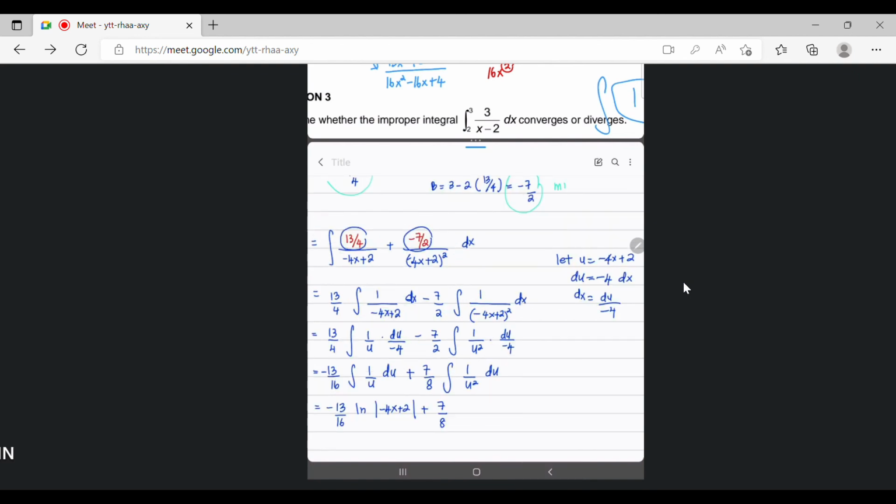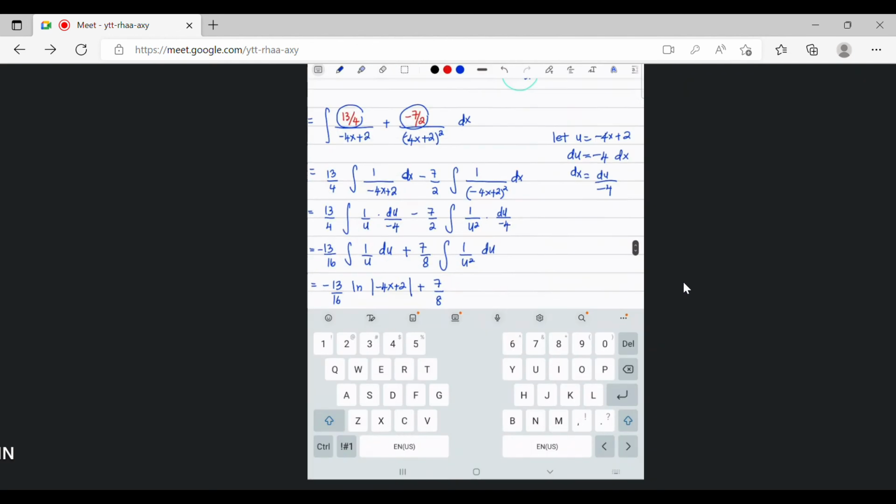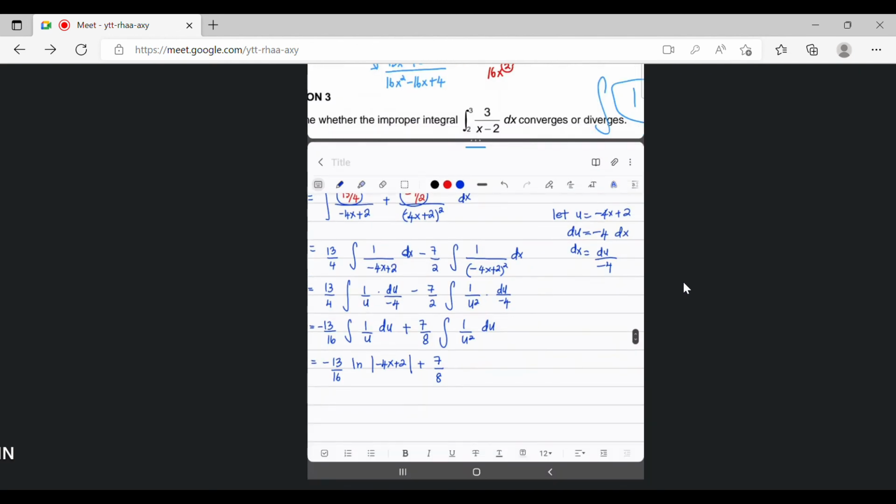Okay. Saya tengok perasaan hari tu waktu test, tak tahu lah kelas yang lain macam mana kan. Tapi yang ni yang common mistake lah korang buat. Bila dah nampak, oh yang the first one ni jadi ln, so second ni pun jadi ln. Tak. 1 over u squared. Ln hanya bila yang bawah dia ni power of 1.